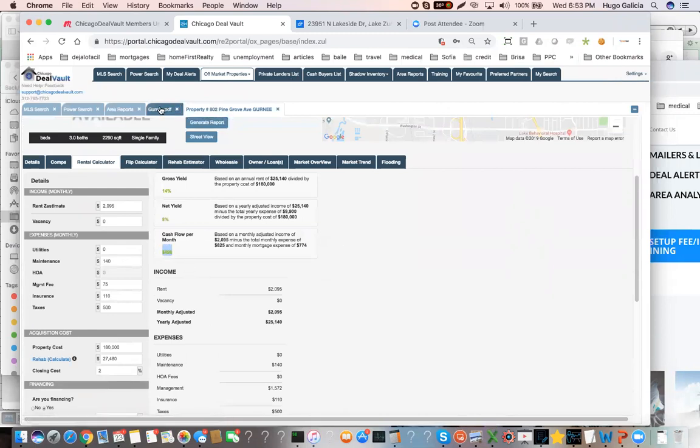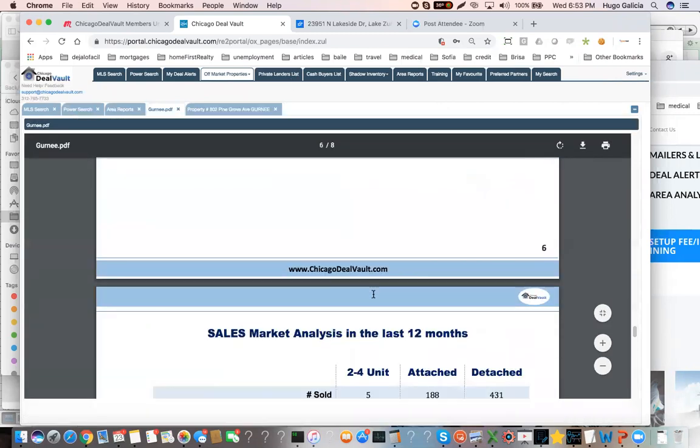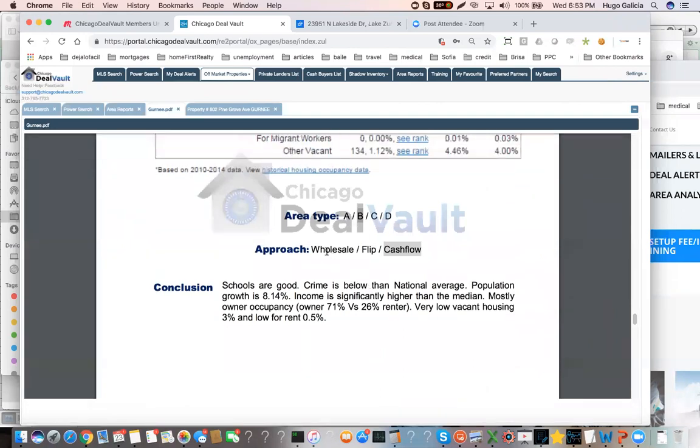And that is why in the report, when you look at the suggested approach, what we recommend is cash flow. So we already know that in Gurnee the numbers are going to work better for buy and hold. Why? Because the rents are high and they stay in the market for not too long. Not only that, but vacancies are so low, right?